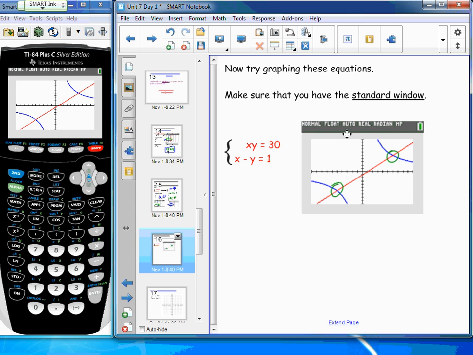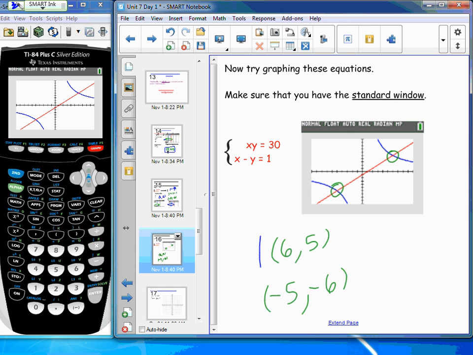And again, algebraically, we can always check our answers, and so I'd encourage you to do that. So what were our solutions again, Megan? 6 and 5 and -5 and -6. Let's do a quick check. Does 6 times 5 equal 30? Yes. Does 6 minus 5 equal 1?